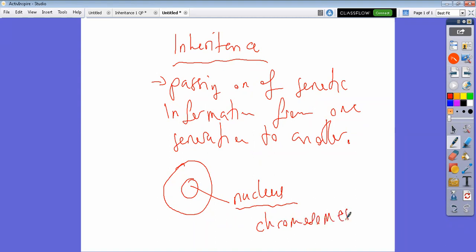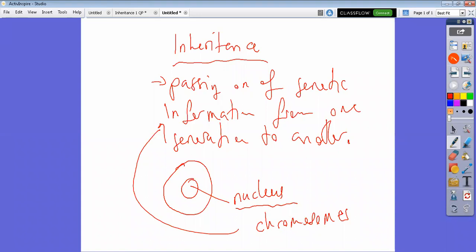They are the ones responsible for the passing on of genetic information from one generation to another.